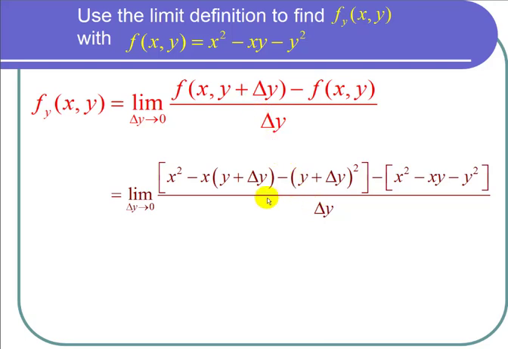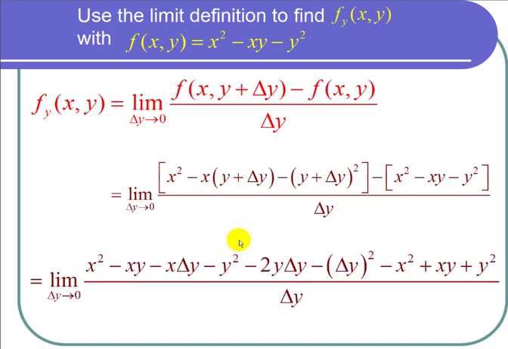My next step is to just multiply the x through and FOIL this out, and then multiply the negative through. So I still have my x squared. I have minus x y, and then minus x times delta y. And then I FOIL y plus delta y, and then change the sign, or make them all negative, because of this minus sign.